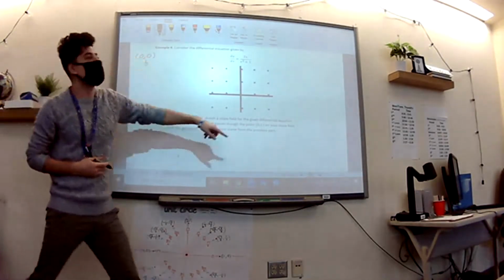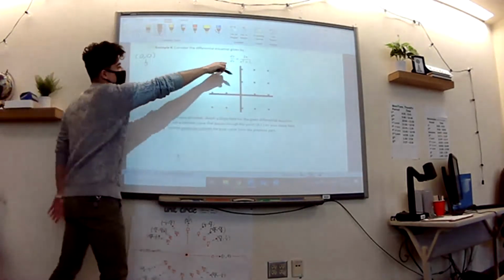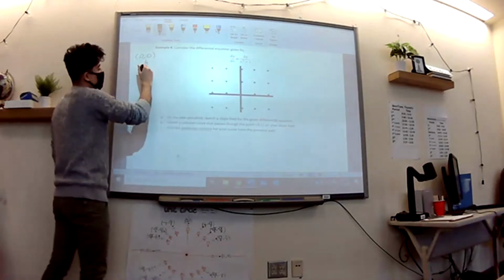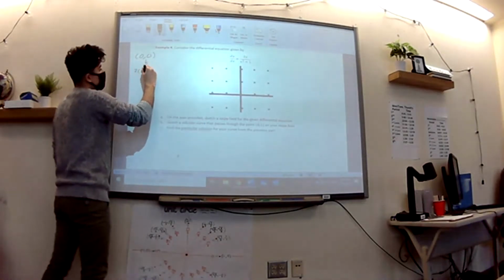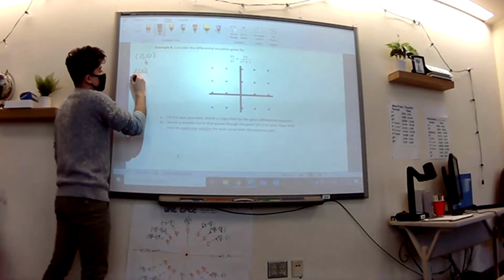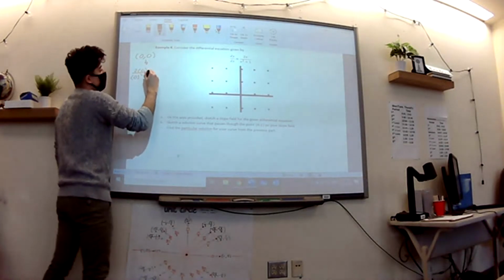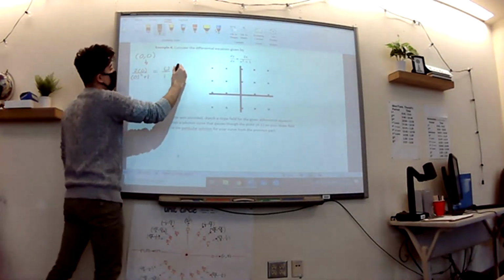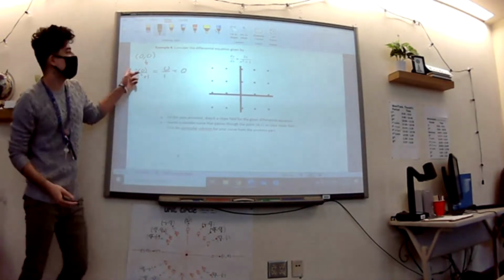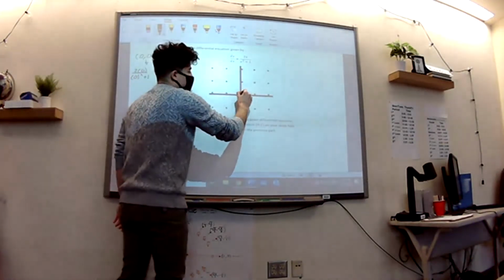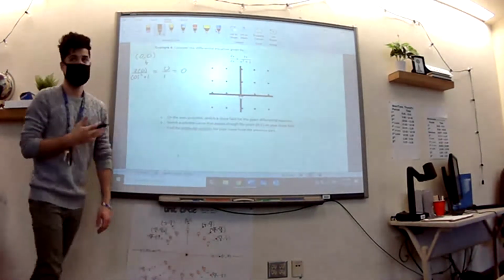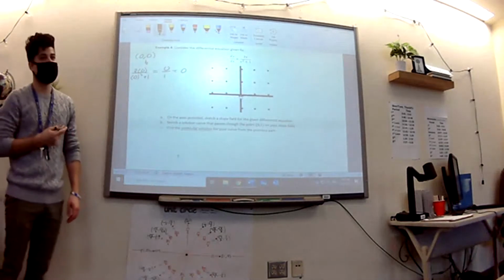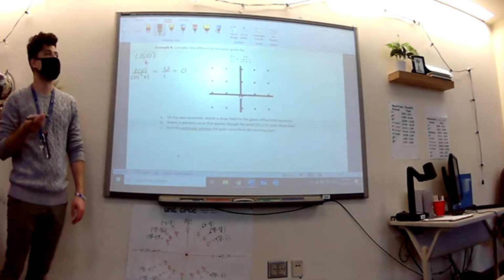So if I start at 0, 0 and plug that in, it looks like I only need x values. That would be 2 times 0, because that's my x-coordinate, over 0 squared plus 1. That's equal to 0 over 1, which is 0. So at 0, 0, I should have a flat slope. And then let me use that same trick from before.